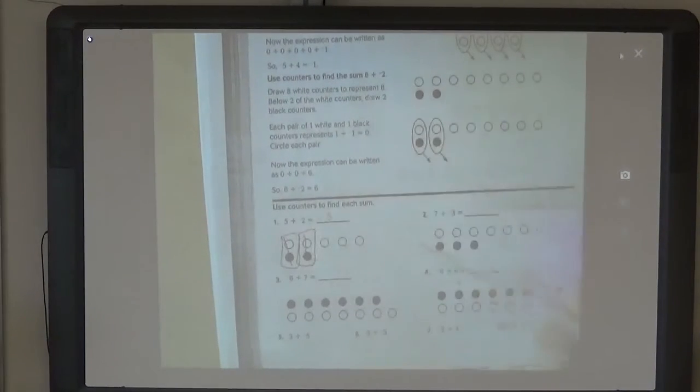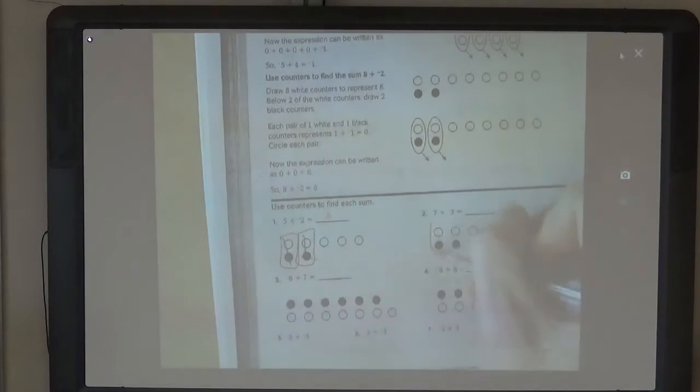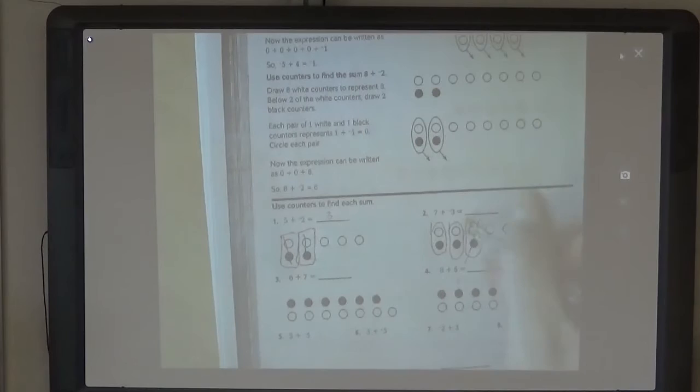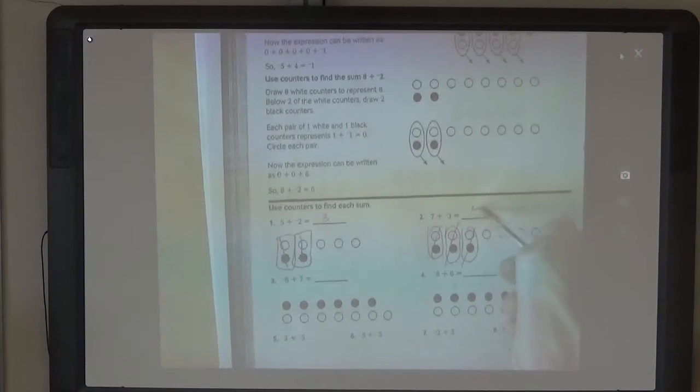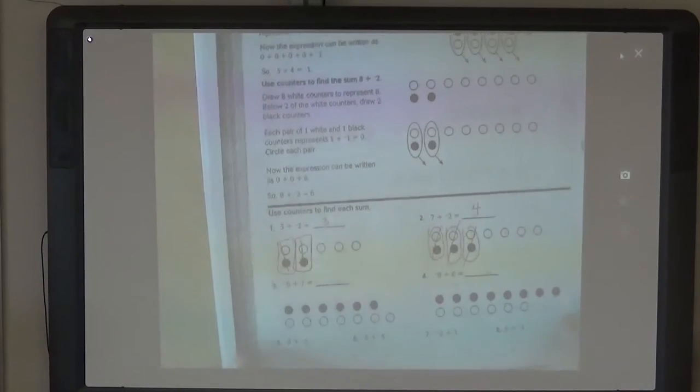So circle them and then cross them out. Circle the pairs and then cross them out. So 7 plus negative 3 is 4. Number 3.